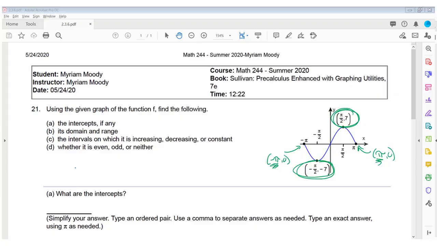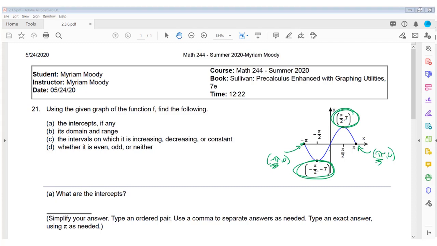Okay. They want to know where it's increasing and decreasing and constant. So take a look at this graph. It starts at this point, -pi 0, and good, it decreases until -pi/2, -7, yes?